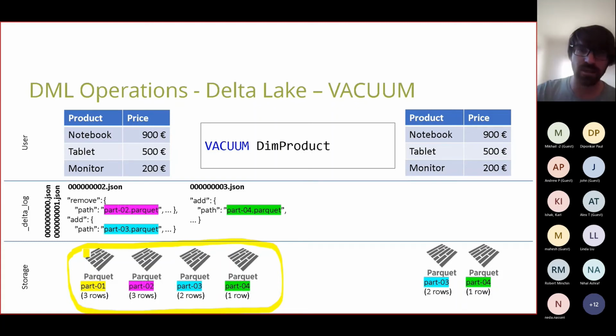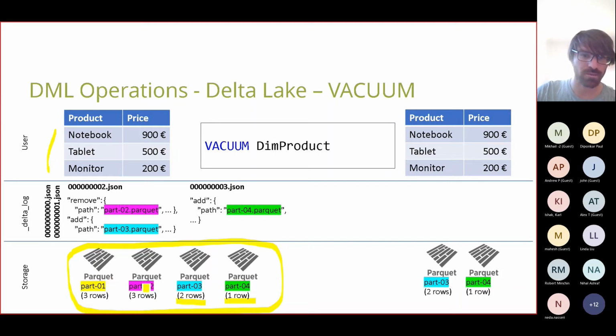So if I run a select star from my table, it's actually returning 3 rows, which are made up by the 2 rows from file 3 and the 1 row from file 4. So for a regular select statement, file 1 and file 2 are not used.